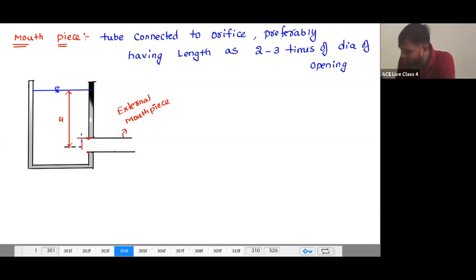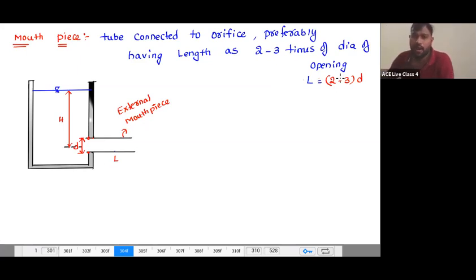So the dia of the opening is going to be d only, and this is the length of the mouthpiece, let's take that as L. That L should be less than or equal to 2 to 3 times the dia D. Generally, we prefer L equal to 2 to 3 times the dia.